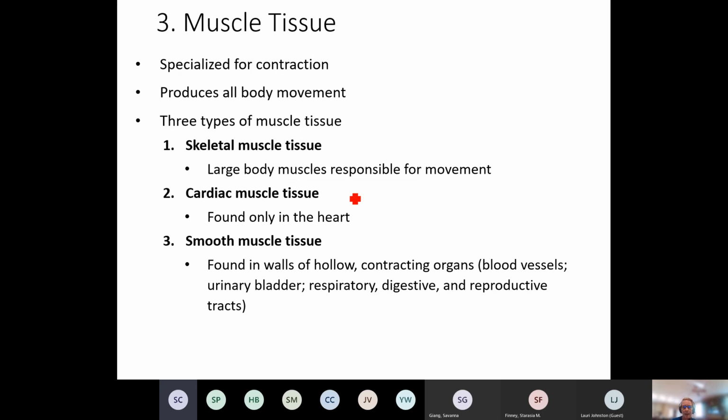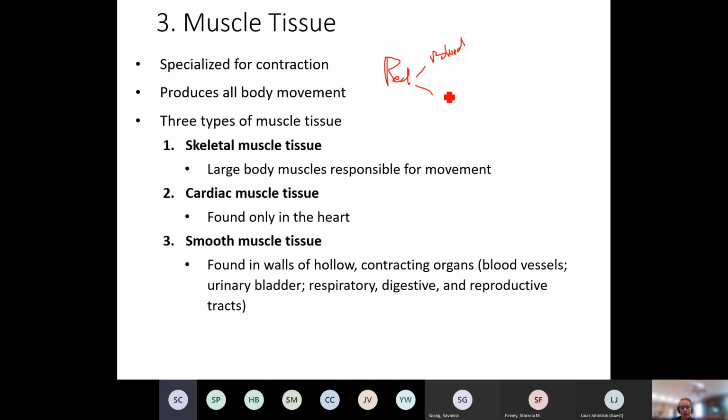So the big thing is they are normally going to be red in color, and the red color is going to be because they have a lot of blood supply, and they need a lot of blood supply because they need a lot of oxygen to be able to make a lot of ATP. All right, so the red is going to come from blood being rich.